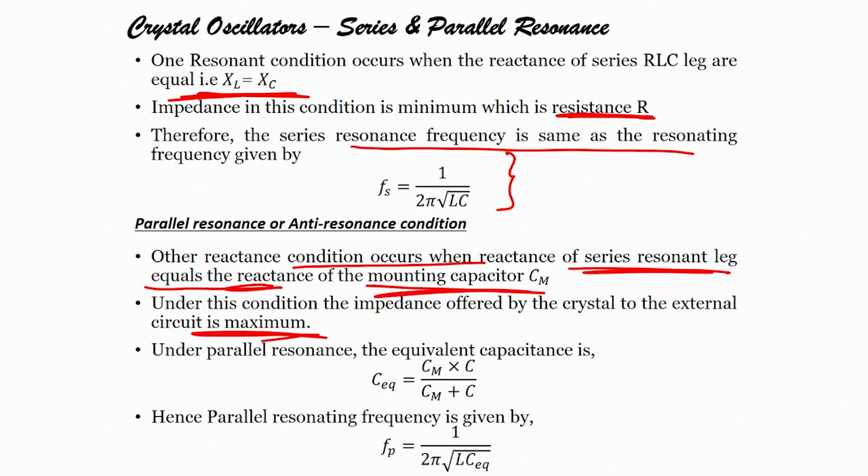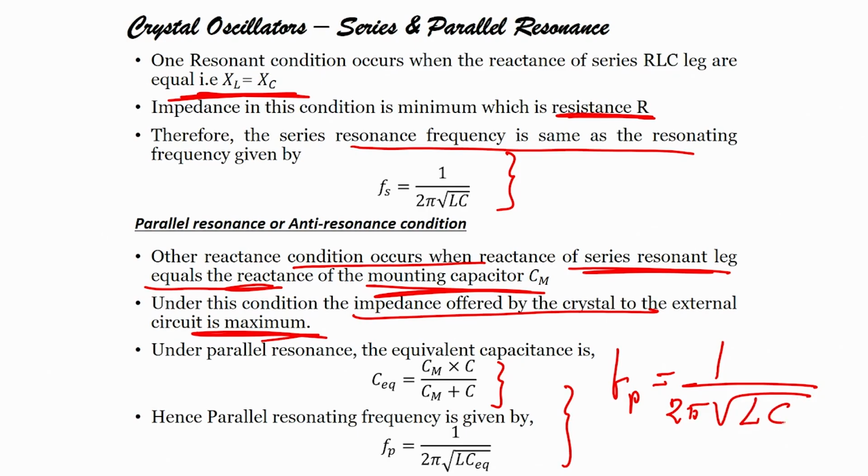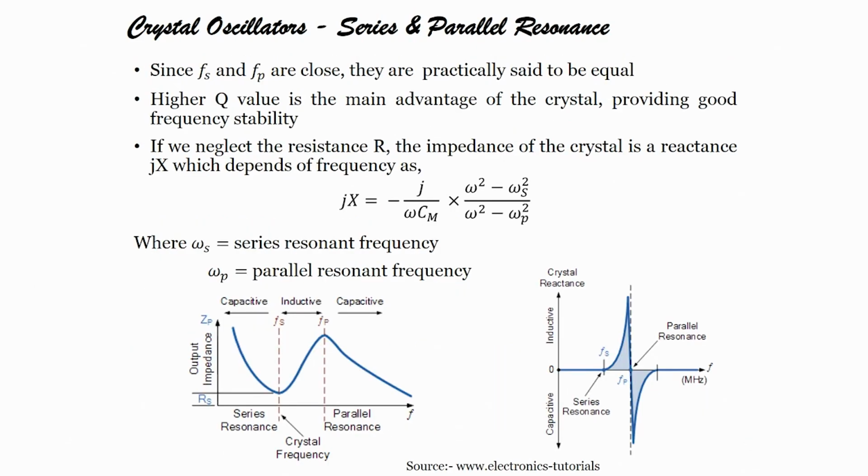So, under parallel resonance, the equivalent capacitance we can give as Cm into C by Cm plus C. Hence, the parallel resonant frequency is given by Fp equals 1 by 2 pi under root of L C equivalent, where C equivalent is nothing but Cm into C by Cm plus C. Easy. So, let us see now, since Fs and Fp are close, they are practically said to be equal.